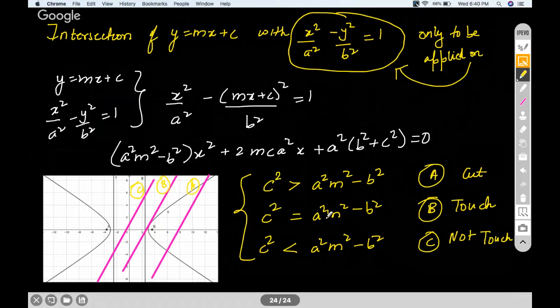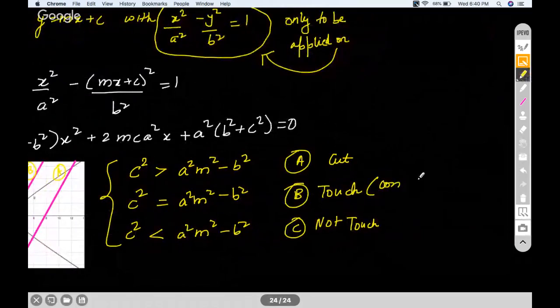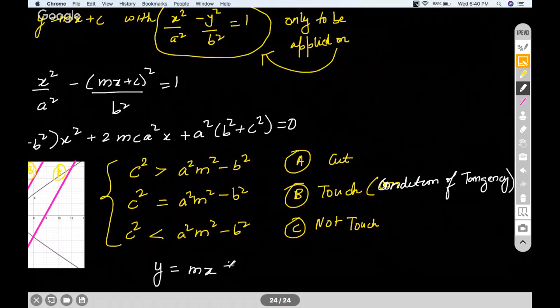Out of this, condition number B is actually called the condition of tangency. And because of this, you can write the equation of a tangent, if you know the slope, as y equal to mx plus minus under root a square m square minus b square. This is called the slope form.